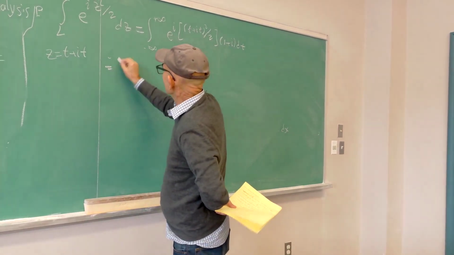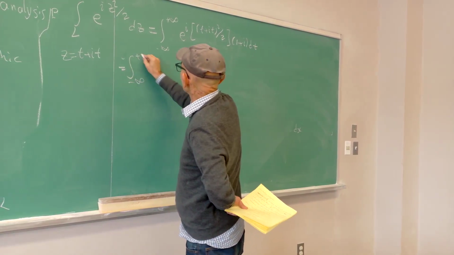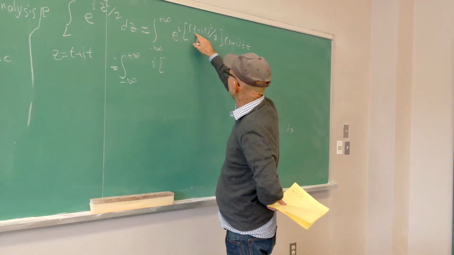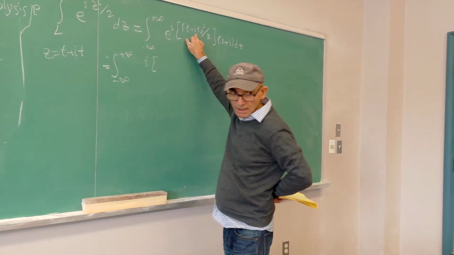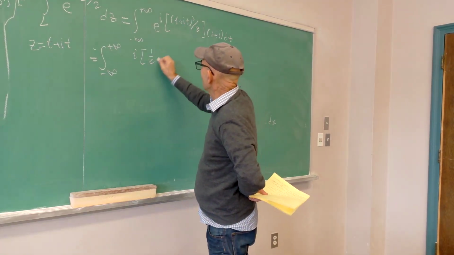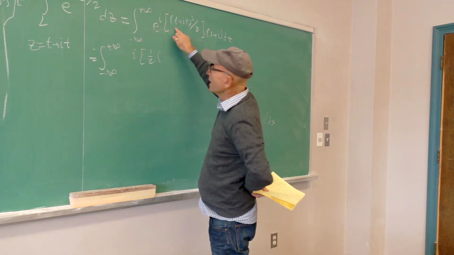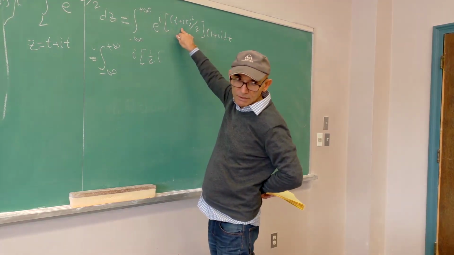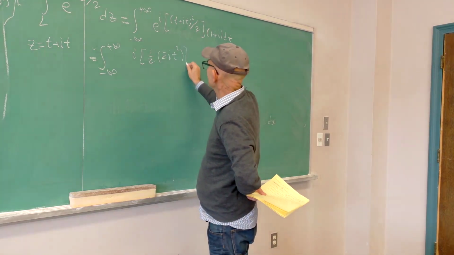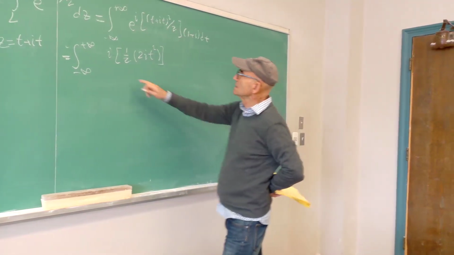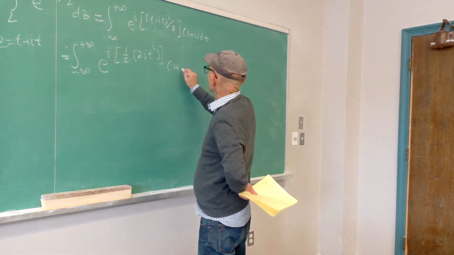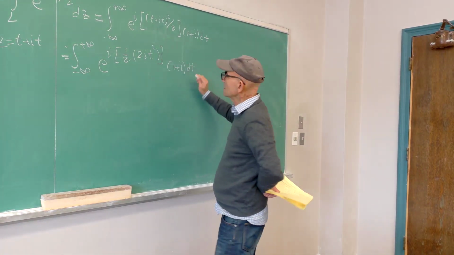So this is equal to the integral from minus infinity to plus infinity of exponential of i times, so this is t squared minus t squared, they cancel. And I've got 1/2 times 2it squared remains from the interior. And this is exponential, times (1 plus i) dt.